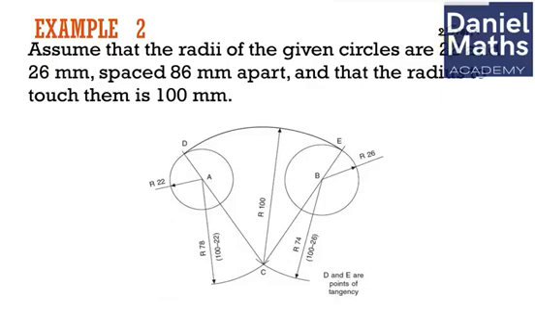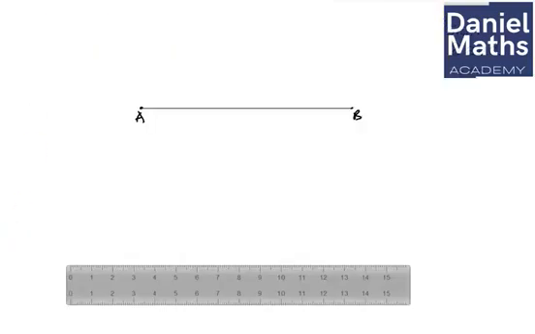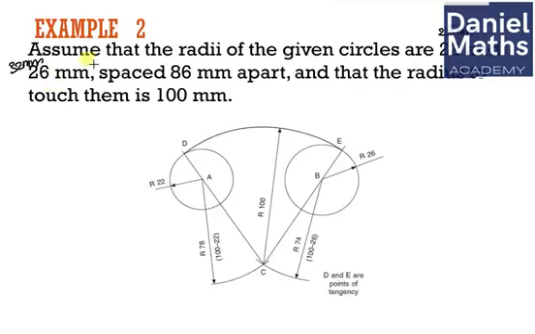I added 5 to 20, so this is 25. I added 5, so let me make this 32 millimeters. I'm just using this for my own drawing, but in yours please maintain 22 millimeters and 26.